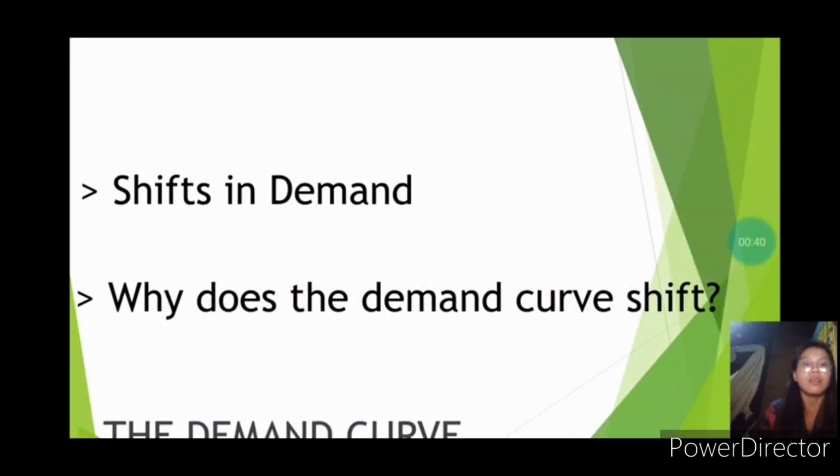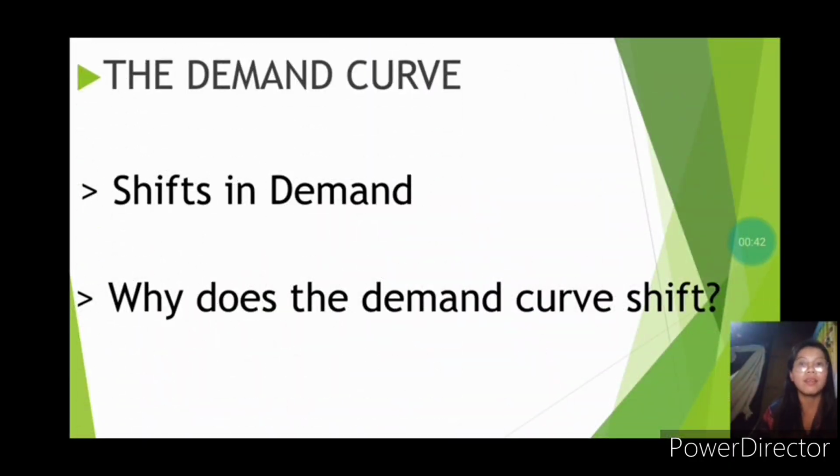Next is the demand curve. When you talk about the demand curve, it shows how the demand for a commodity or service varies with changes in its price.